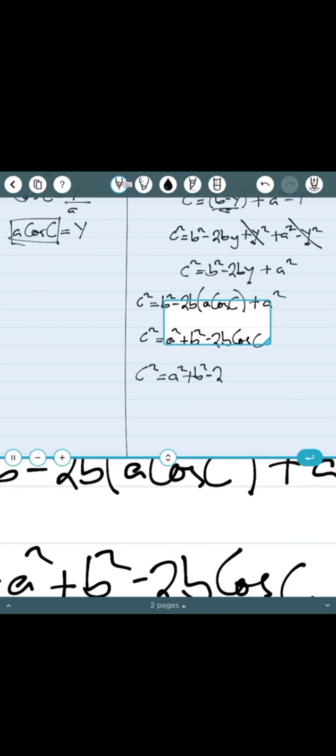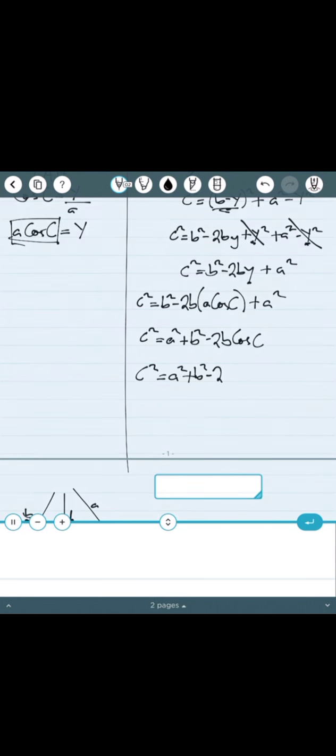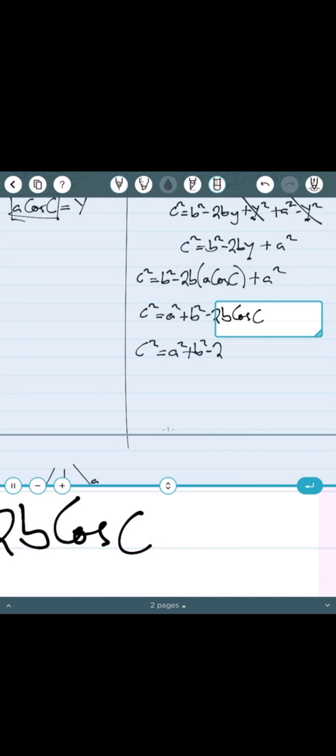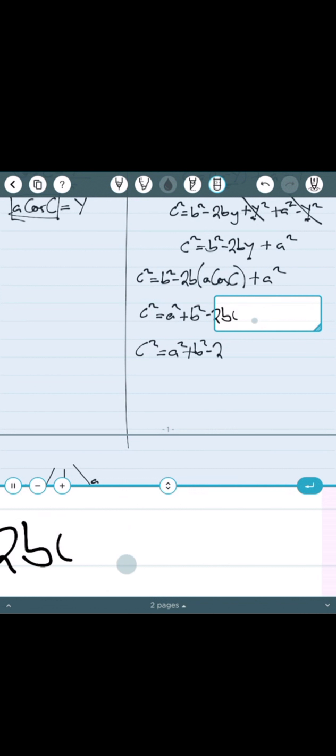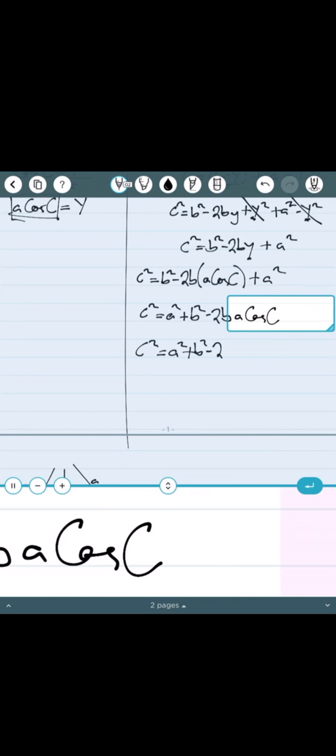Now we left out something here, which was the a, which we're supposed to have. Let's just put that one back where it is supposed to be. Much better.